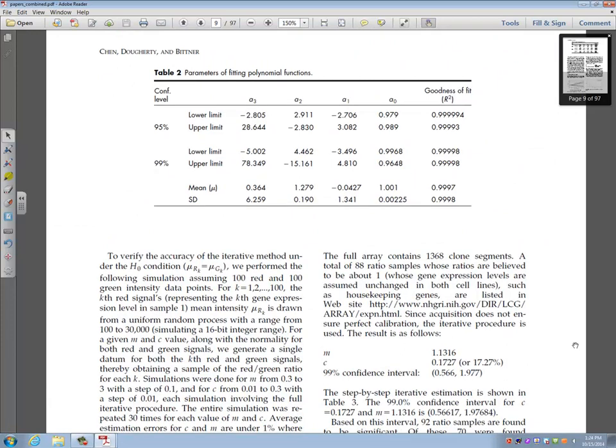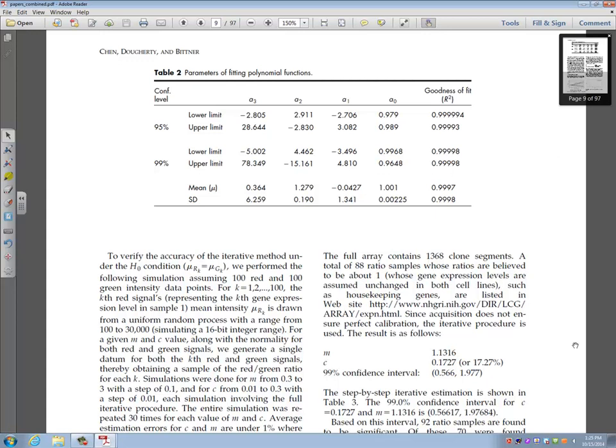Using this density function, they came up with the lower limit for 95%, for different values. If instead of working with the density function, you just fit a third order polynomial to it, with parameters a0, a1, a2, a3, then you approximate the density with that polynomial.